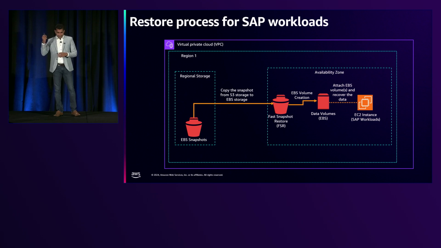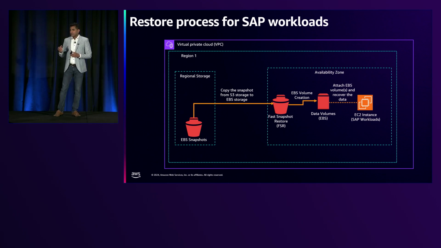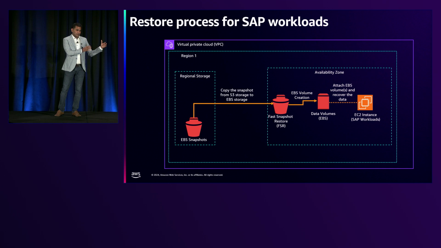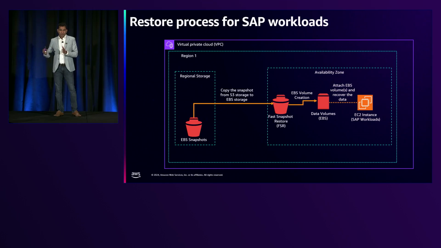But there is one, I don't want to say limitation, but when we create an EBS volume out of this snapshot, the snapshot is stored in the regional storage, basically the S3 storage in the backend. It's low performance storage compared to the EBS volume.